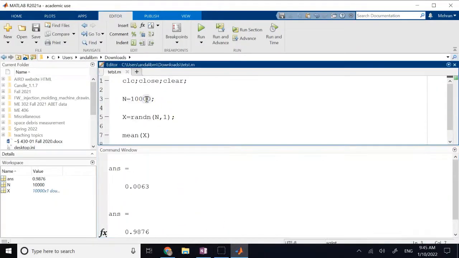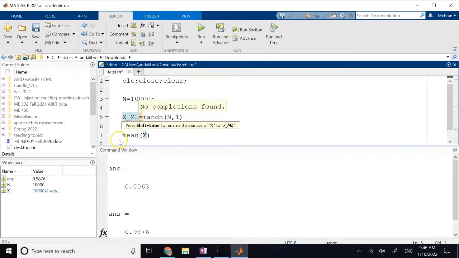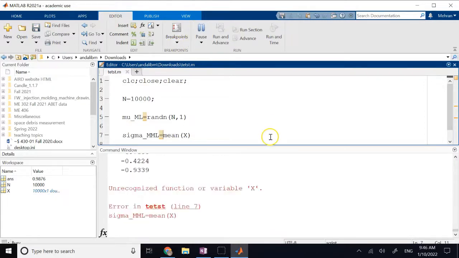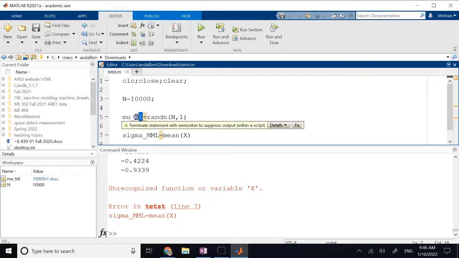And the more and more observations you make from the system, it makes your maximum likelihood estimates, let's call it mu ML, and then sigma ML, much closer to your actual numbers.